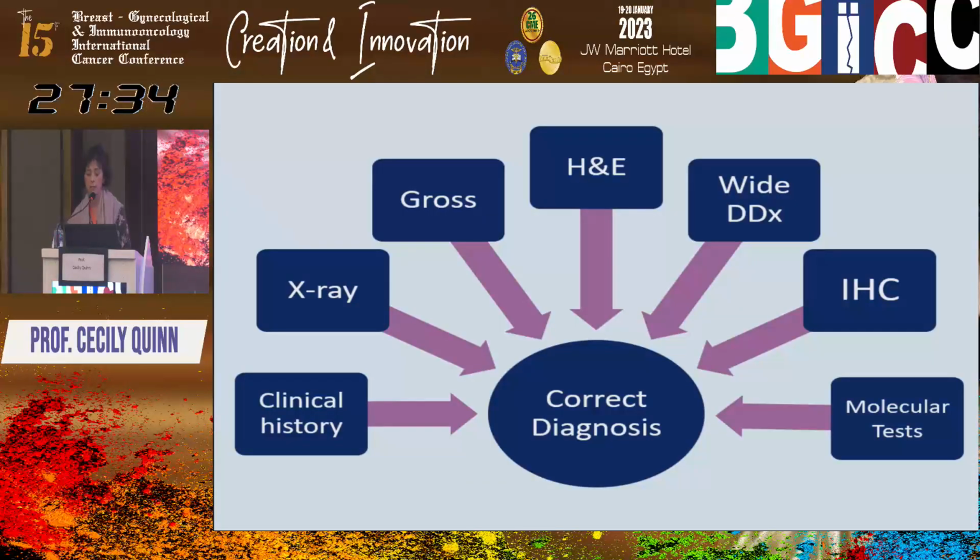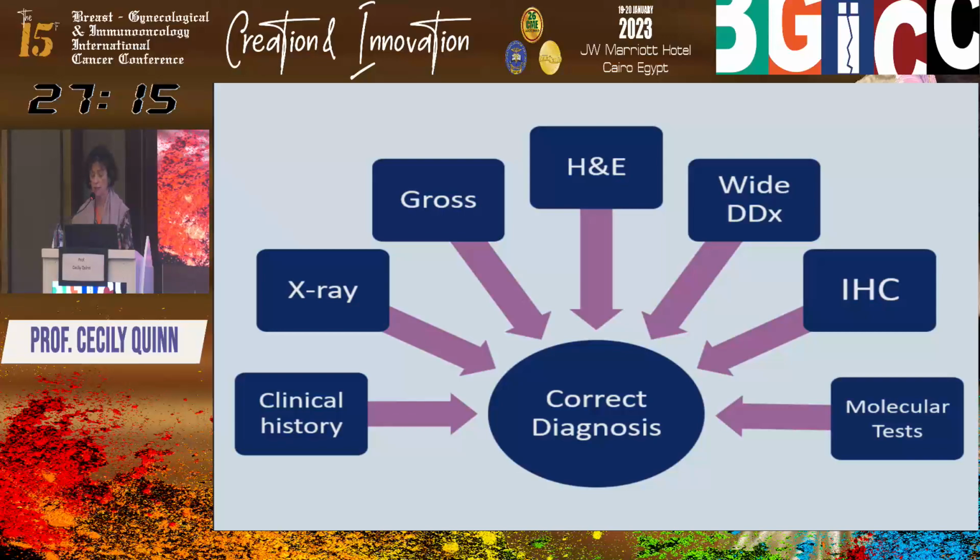So when we're looking at spindle cell lesions of the breast, like indeed any pathological condition, if we want to reach the correct diagnosis, we need to stand back and take a global view of all the information at our disposal. First of all, look at the clinical history. There may be some very useful information there.